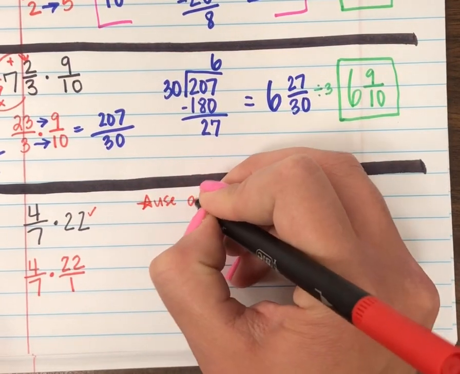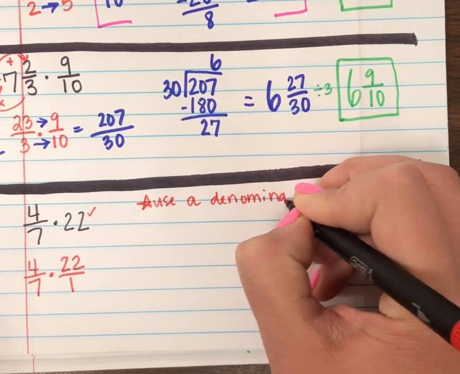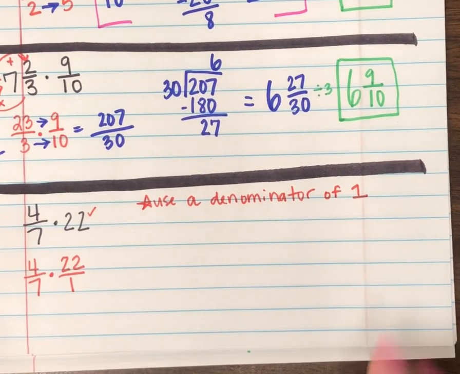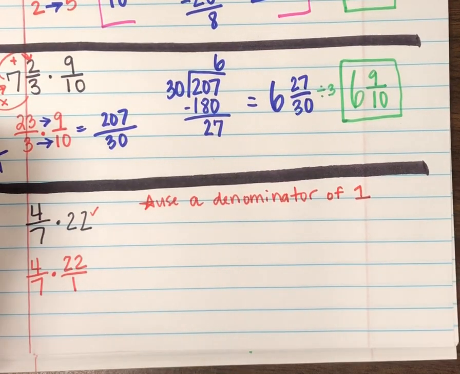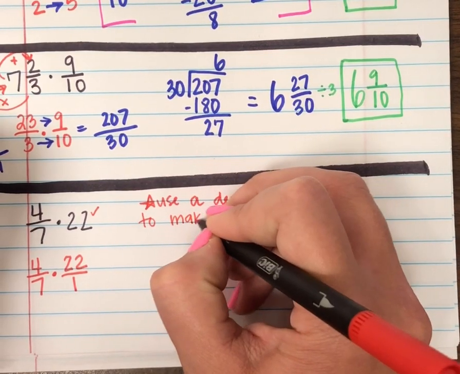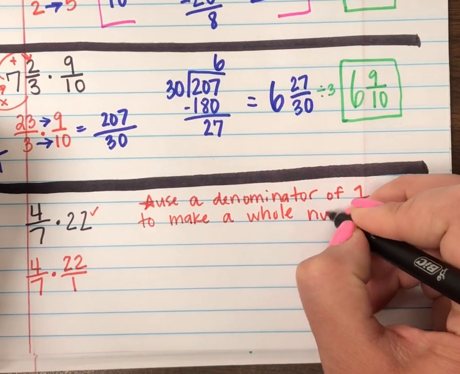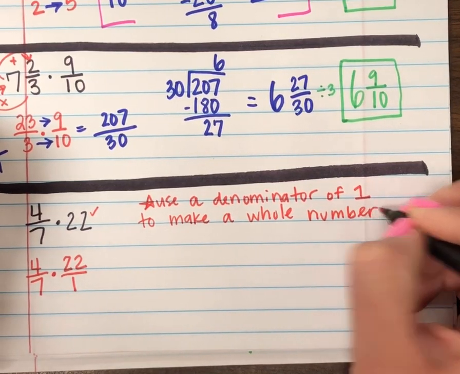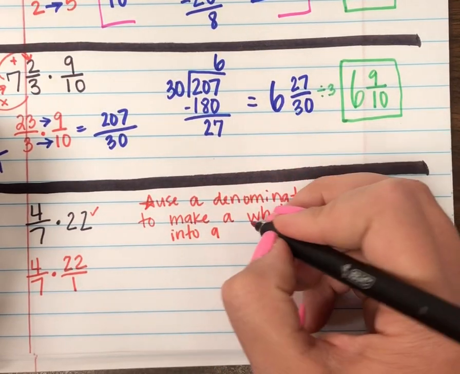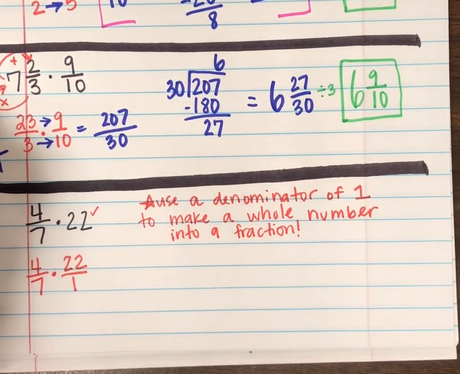Use a denominator of 1 to make a whole number into a fraction. Okay?